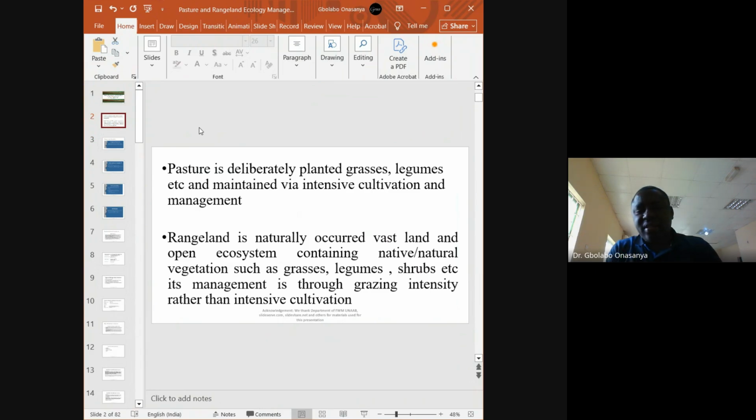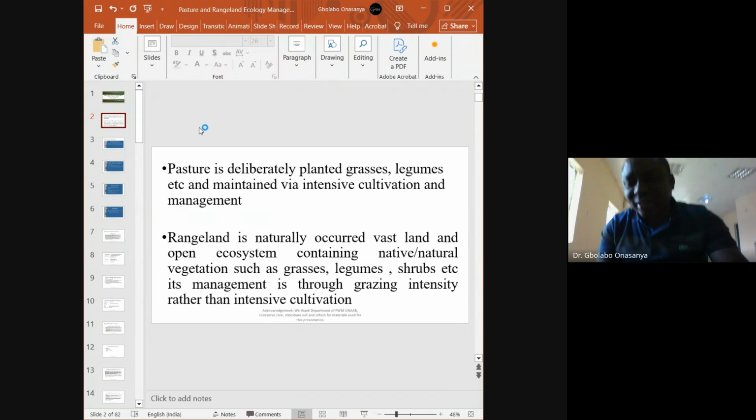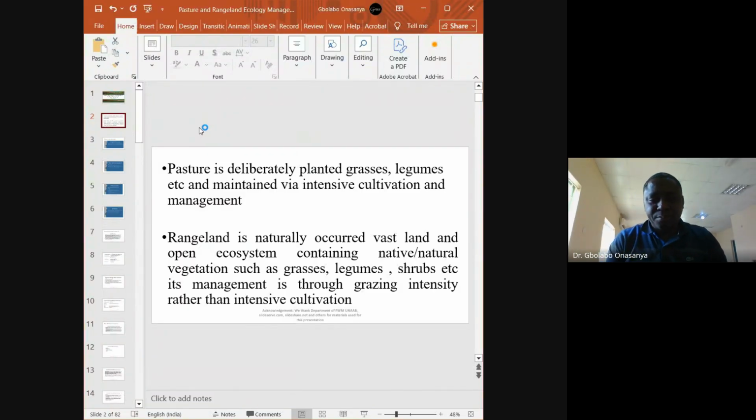Let me start by speaking to what is pasture? What is rangeland? They may seem synonymous, but they're quite different entities. A pasture is a deliberately planted grasses and legumes mixture, and is maintained via intensive cultivation and management.